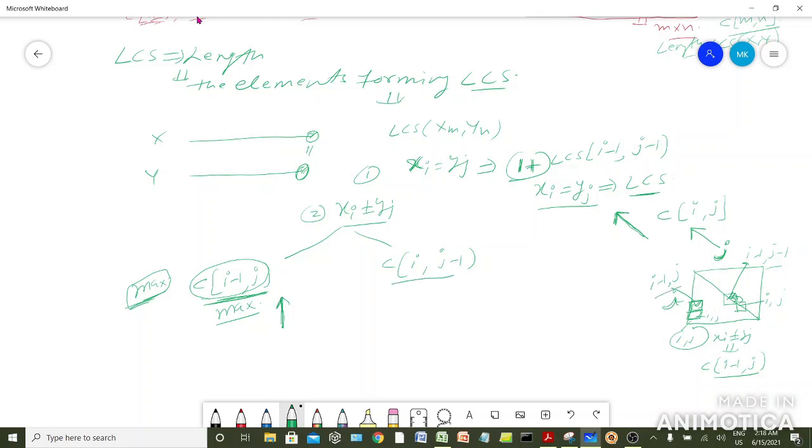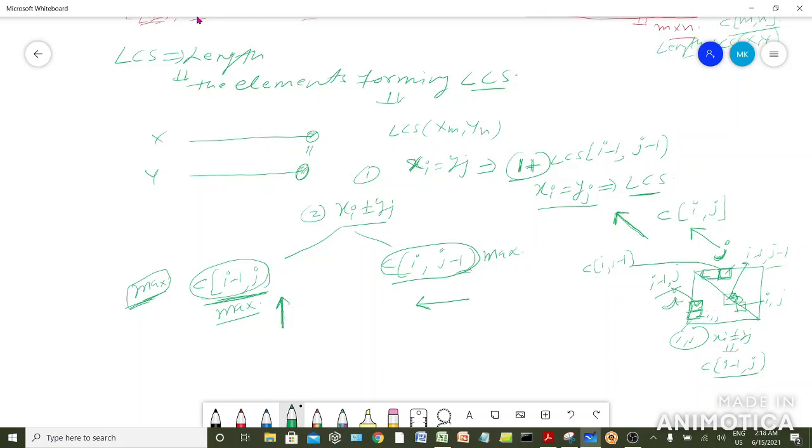And if this entry was selected as maximum, then we need to put the horizontal arrow. Horizontal means if we are here, the next entry to be consulted is C of i and j minus 1. So for reaching from ij to C of i and j minus 1, we need to move horizontally.